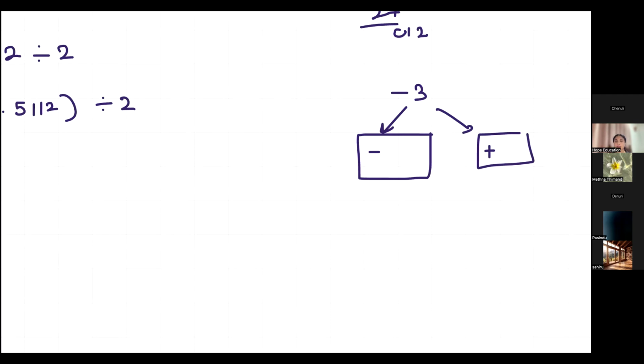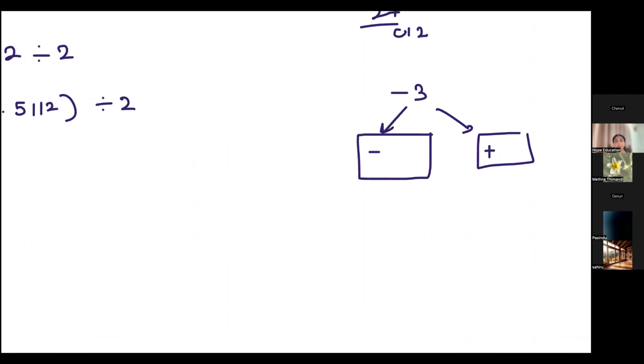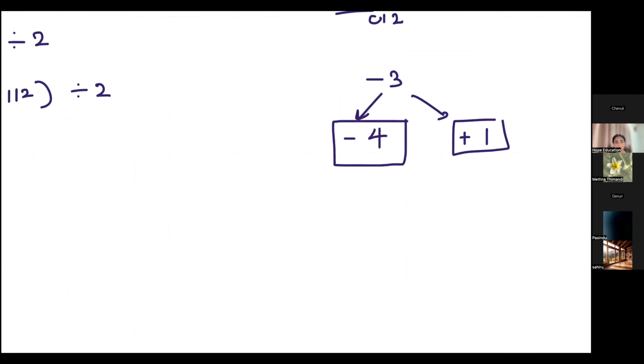Others also tell. Plus 1. And what should come here? Others also say plus 1. Minus 4. Okay. Give me a second, please.